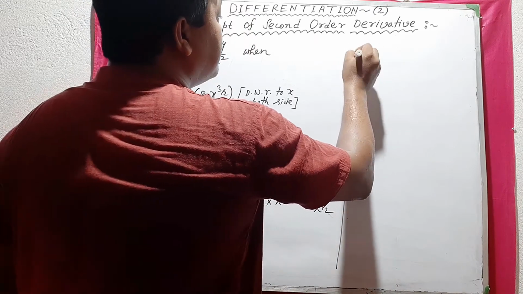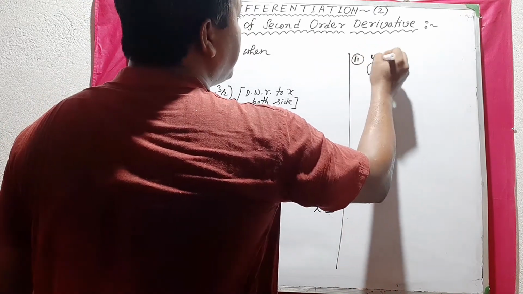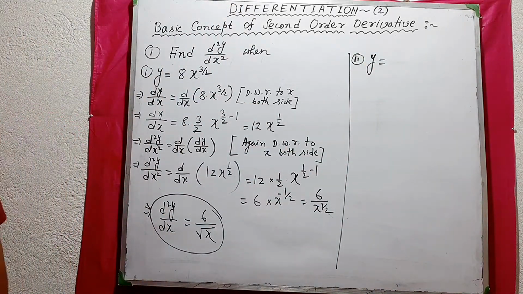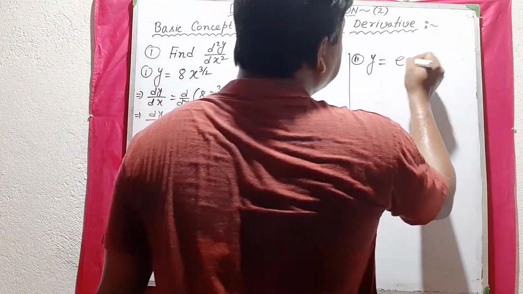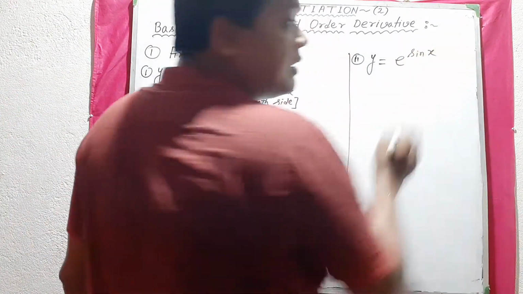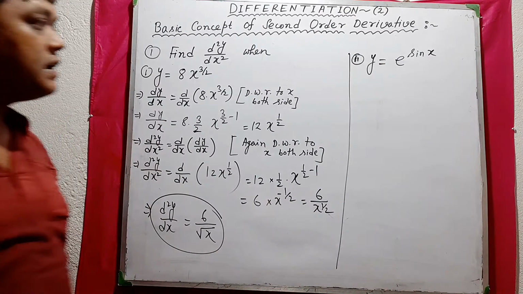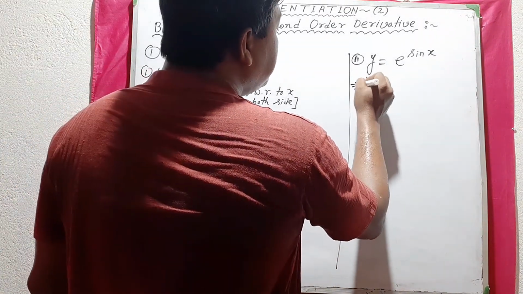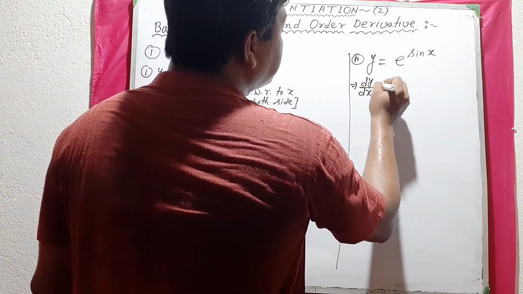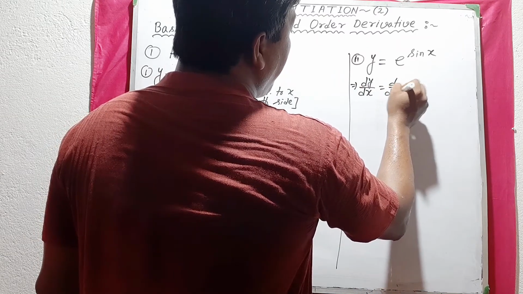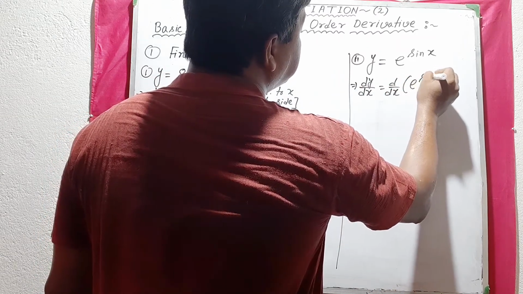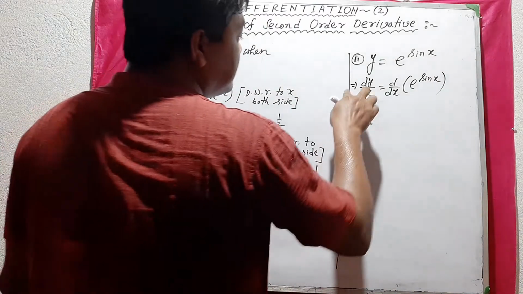Another problem: y equals e to the power sin x. So dy/dx equals d/dx of e to the power sin x.